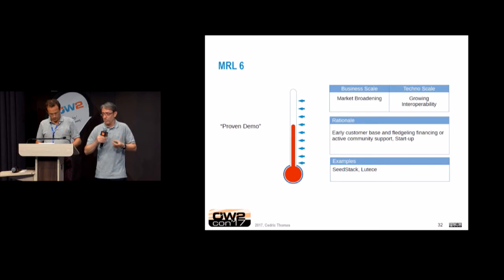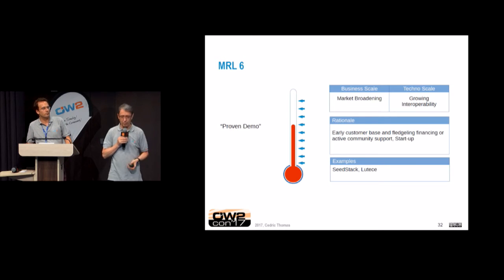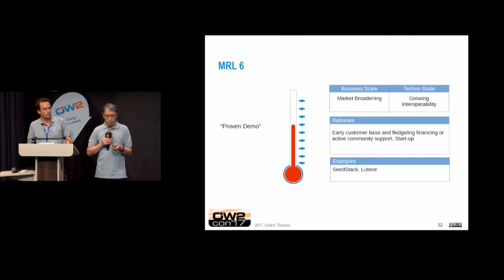So the usefulness is even more, and you can broaden the market. You can address different kinds of customers, not just those that are using that type of system, and you can grow the early customer base. And with this in mind, now you can start going to see VCs. You can see the investors, because they can understand the potential.